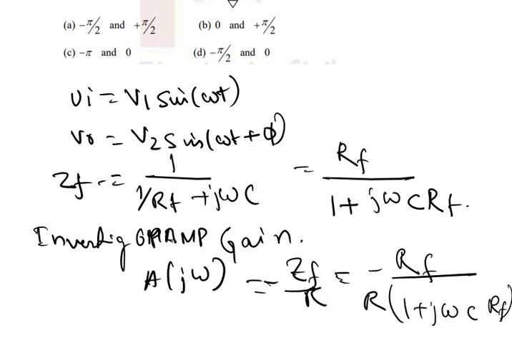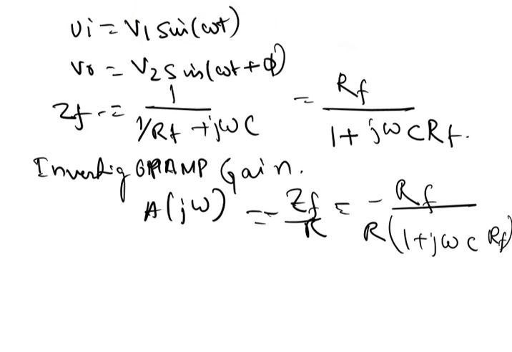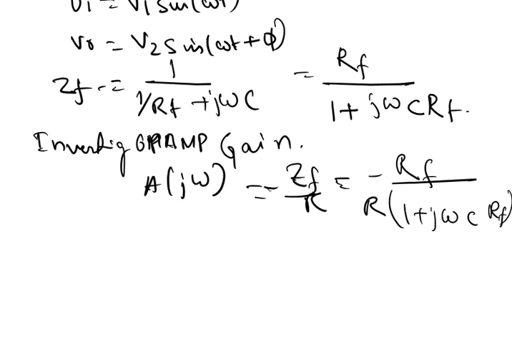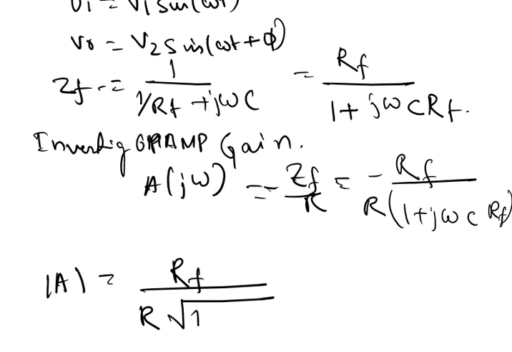Let us write it in polar form. The magnitude of A is RF by R root over 1 plus (omega C RF) whole squared.